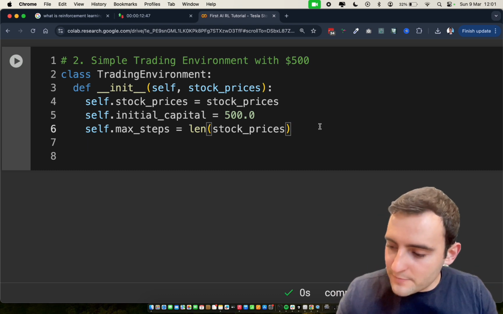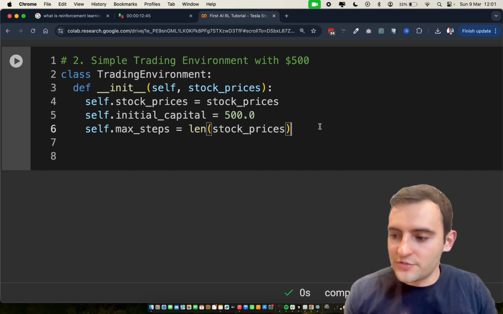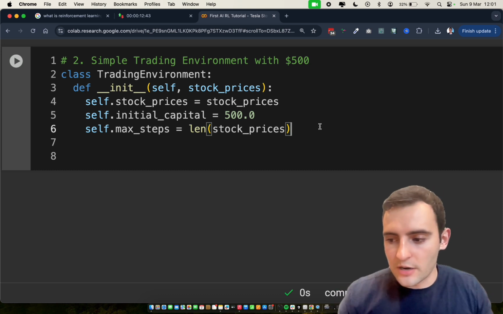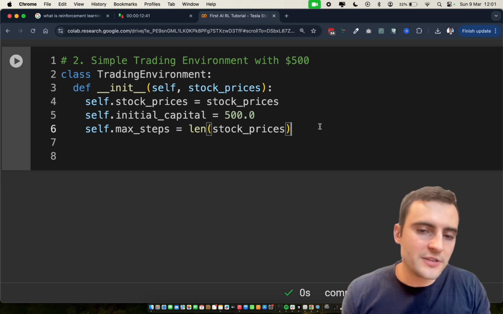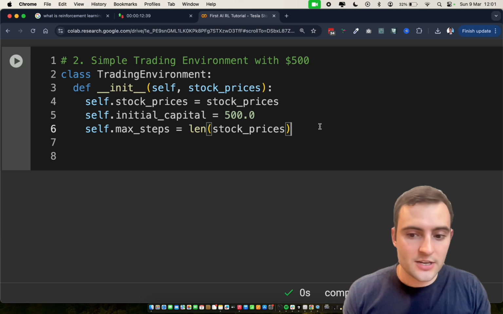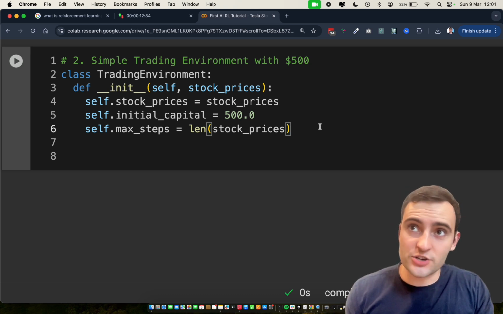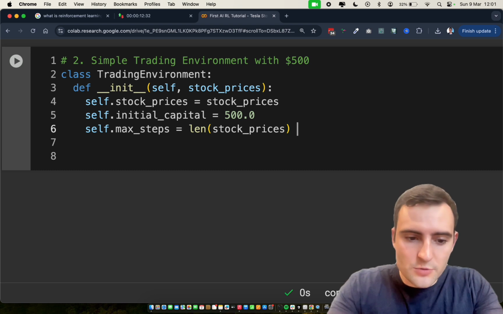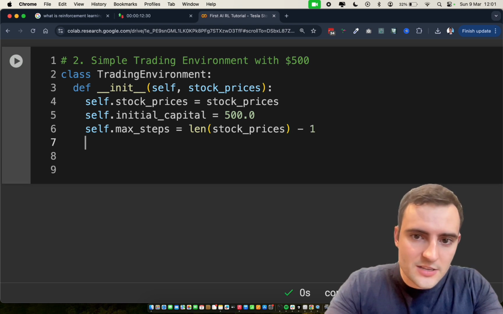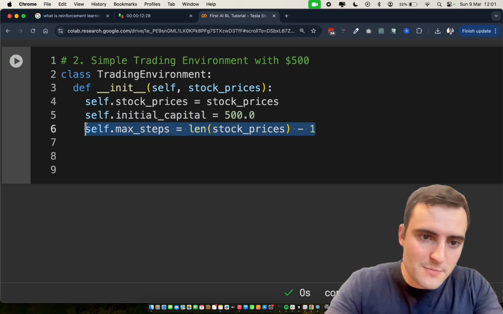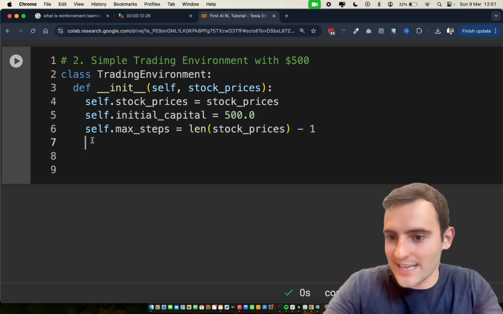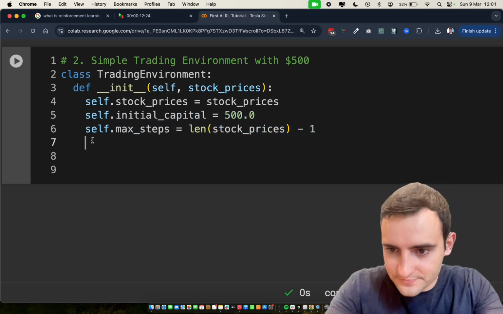But if you think about it, you can only compare if you have 2 days. If you have today and tomorrow and the next day, you can only analyze the difference between 2 days at a time. So it means if you get to the last day, there's no other day to compare to. So we're going to remove 1 because you can only compare in pairs. And when you get to the last day, it can't be compared to anything else.